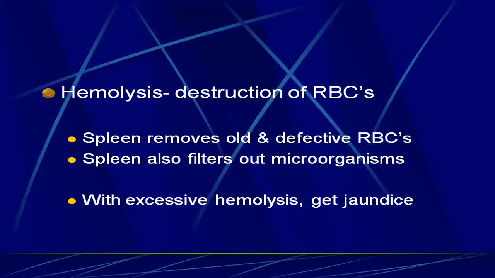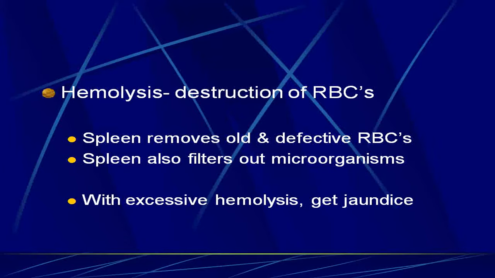Hemolysis is a normal process that takes place in the body. Hemolysis is the destruction of red blood cells. Old red blood cells are to be destroyed every 120 days. The spleen removes old and defective red blood cells, and the spleen is also responsible for filtering out microorganisms. With excessive hemolysis, however, a person develops jaundice, and jaundice is a yellowing of the skin.